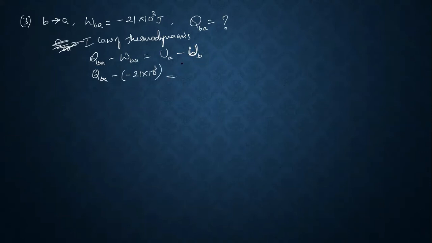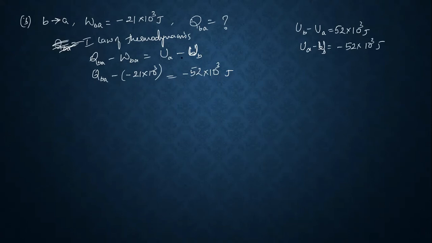I know U_B minus U_A is 52 into 10 to the power of 3, therefore U_A minus U_B will become minus 52 into 10 to the power of 3 joules. That is important. Therefore, Q_BA is minus 73 kilojoules.